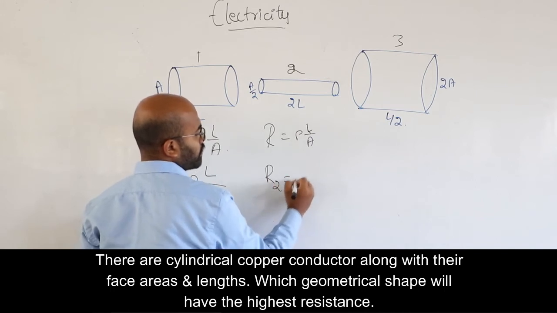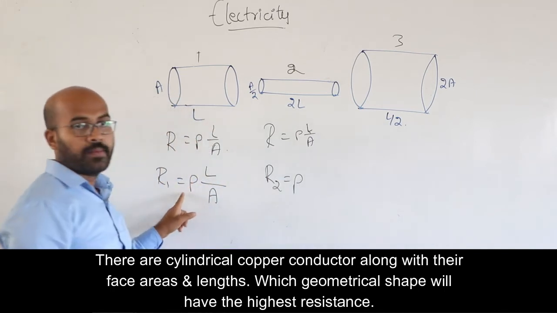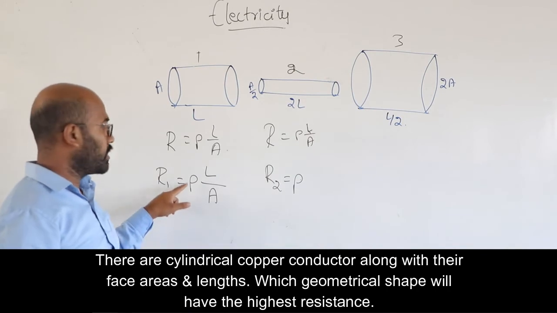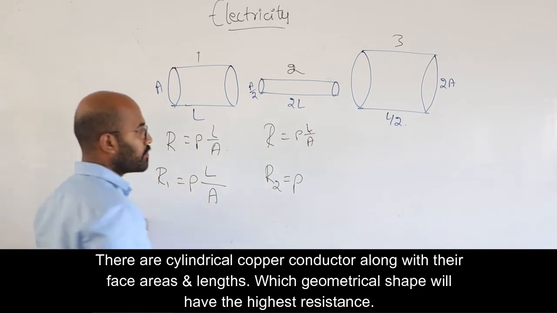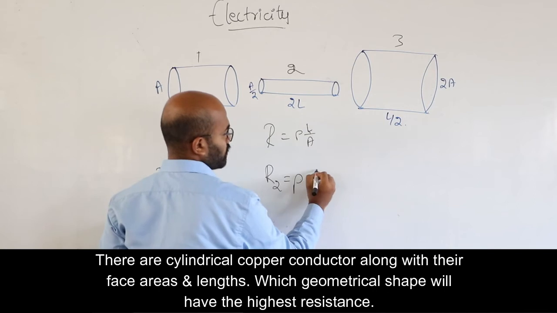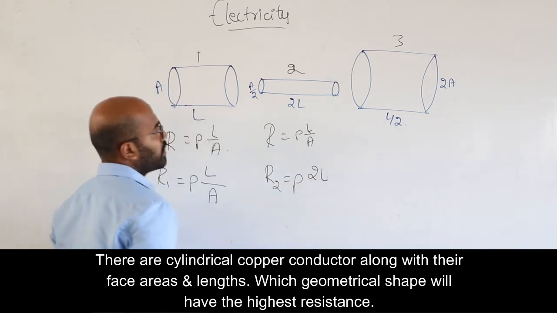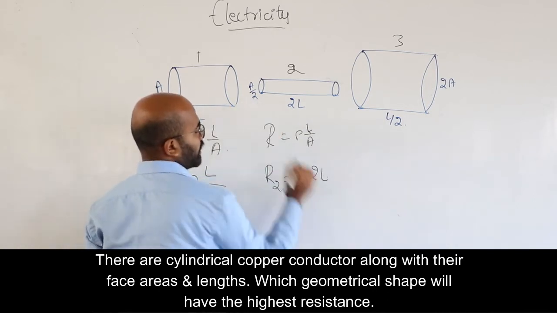If I take R2, the resistivity of the material is the same. What is L? It is 2L. What is the area?